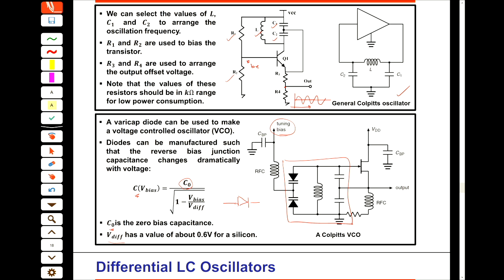Yeah, I understand your point. I should check. I don't know. Usually you can exceed that, but I don't know what will happen if it exceeds. It seems that if it exceeds, this is not a capacitor anymore.